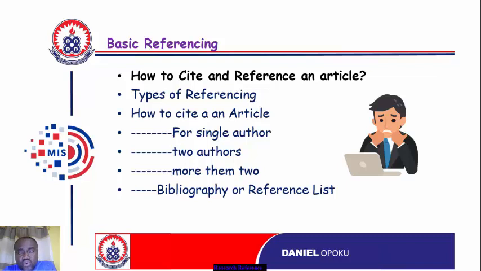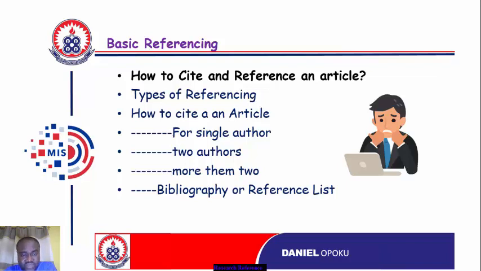Then after citing your sources, at the end of the work, you have to bring what is called the bibliography or reference list. All the references you cited in your work, you have to write in full at the back of your work. So for every article that you use in your work, you have to bring the full reference list at the back of your work.